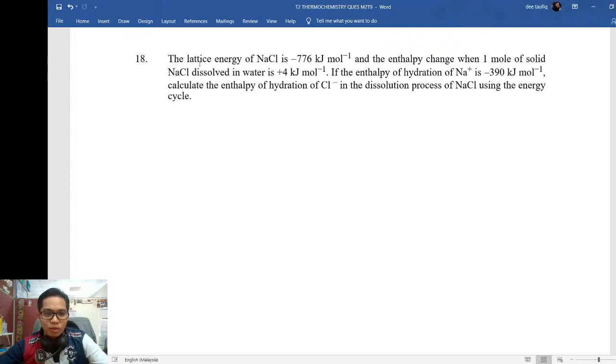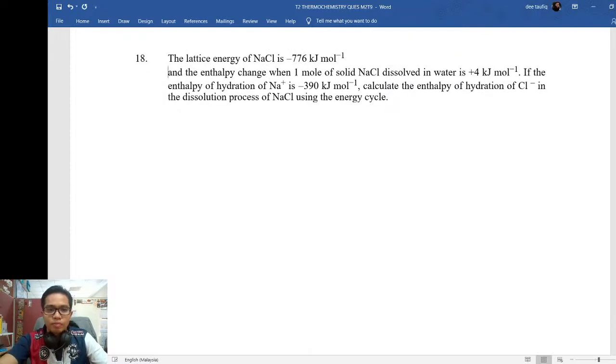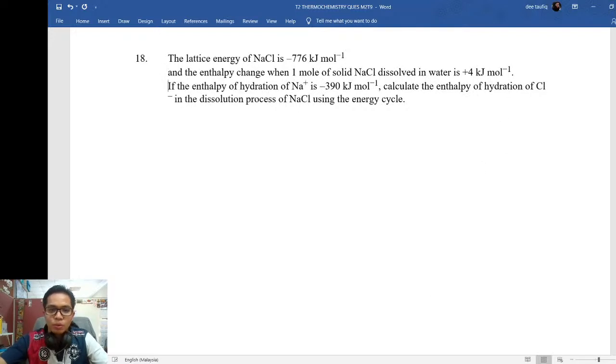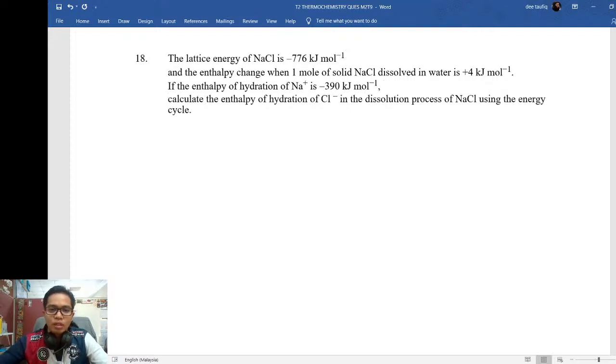So saya buat baris-baris. Lattice energy of NaCl is negative 776. Then enthalpy change when 1 mole of solid dissolved di sini. Di bawah enthalpy of hydration of Na plus, then enthalpy of hydration of Cl minus.